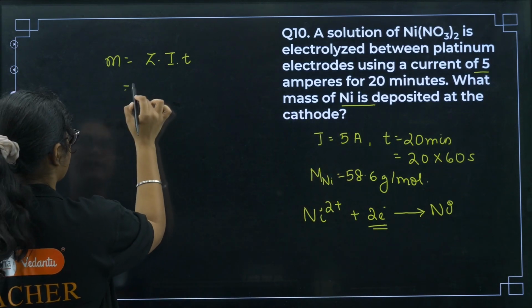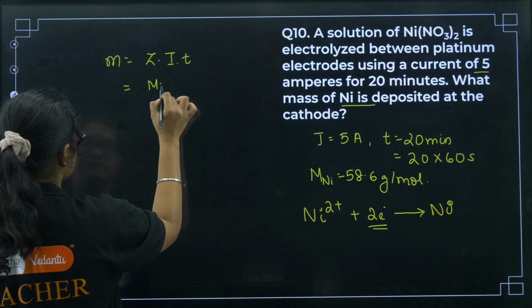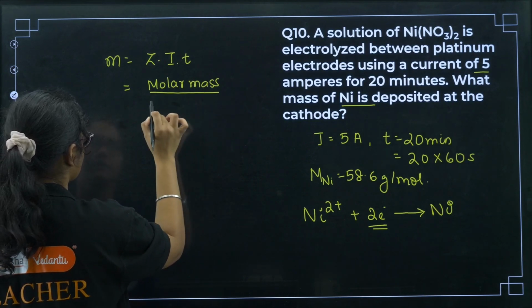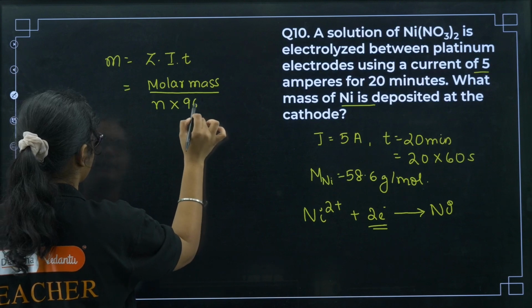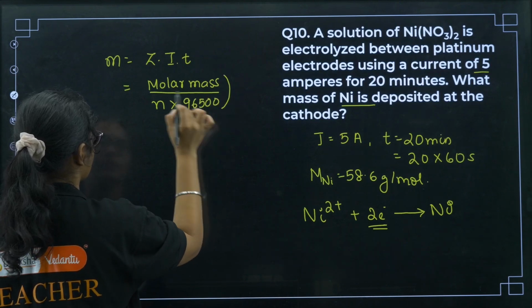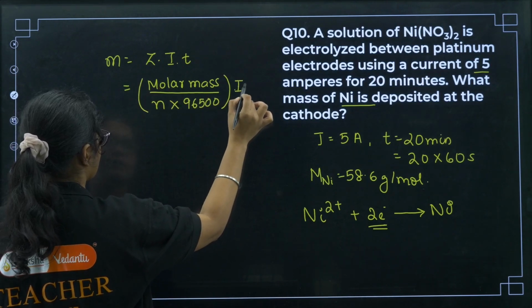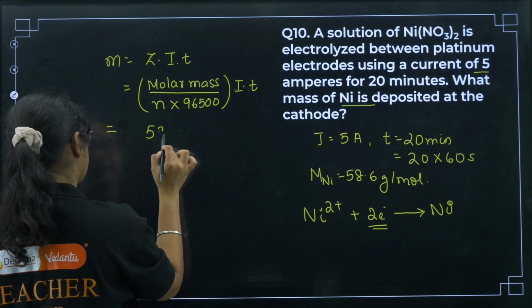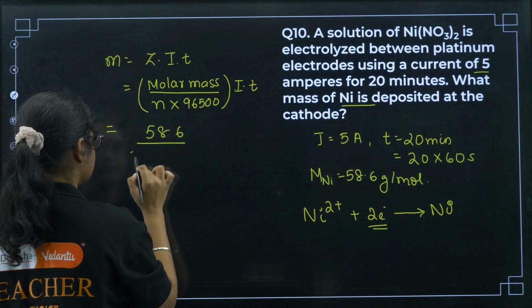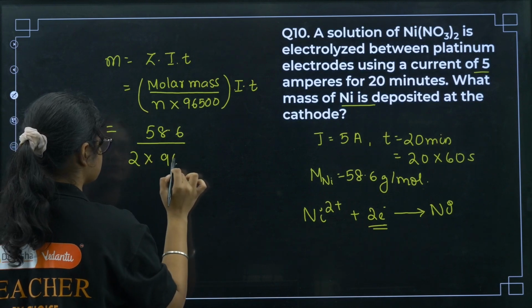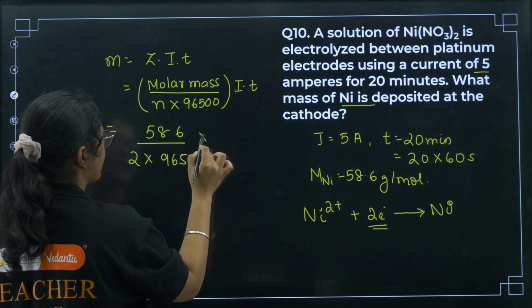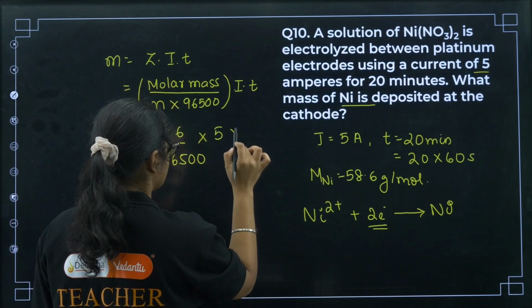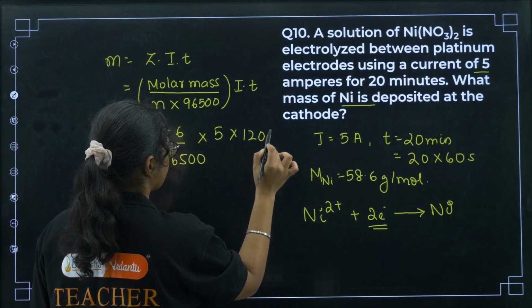Here it will be molar mass divided by n into 96500, into I into T. Molar mass is 58.6, n is 2, 96500, I is 5 ampere, and time is 1200.